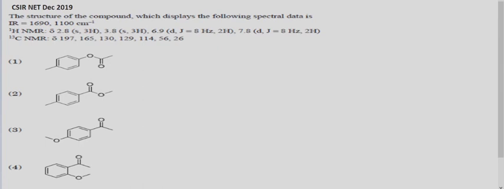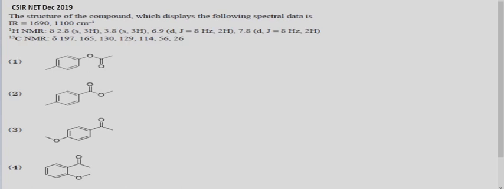Here they have given a set of spectral data and they are asking us to find out which structure aptly matches the spectral data. So let us use the proton NMR values so it will be easy for us to assign the structure better. There are 4 proton signals.